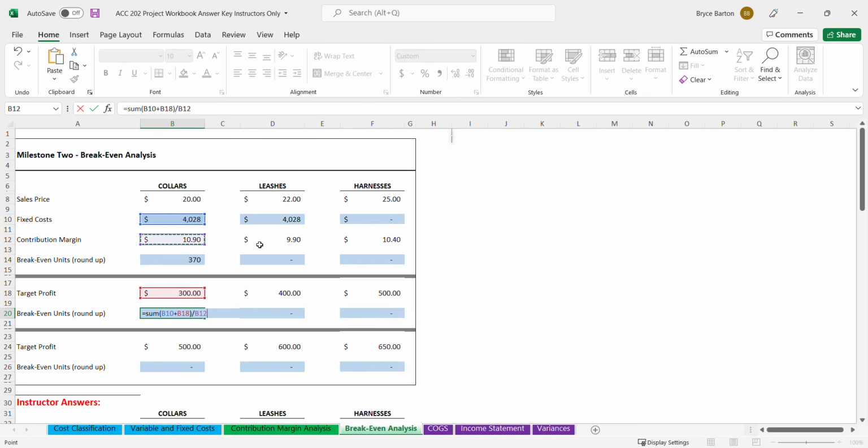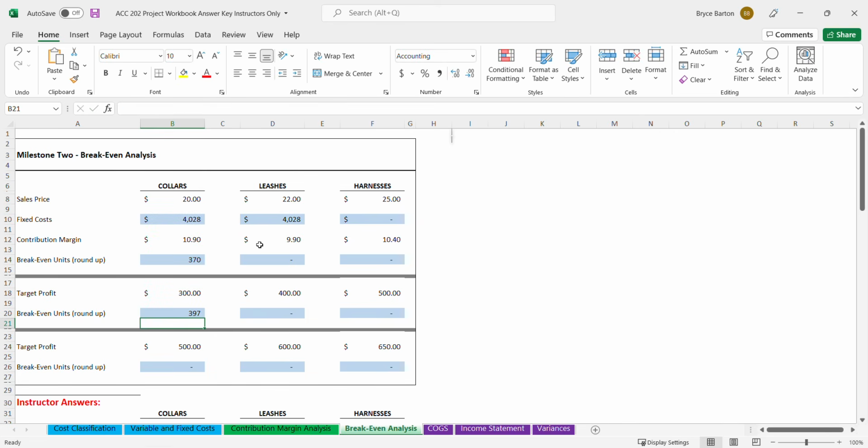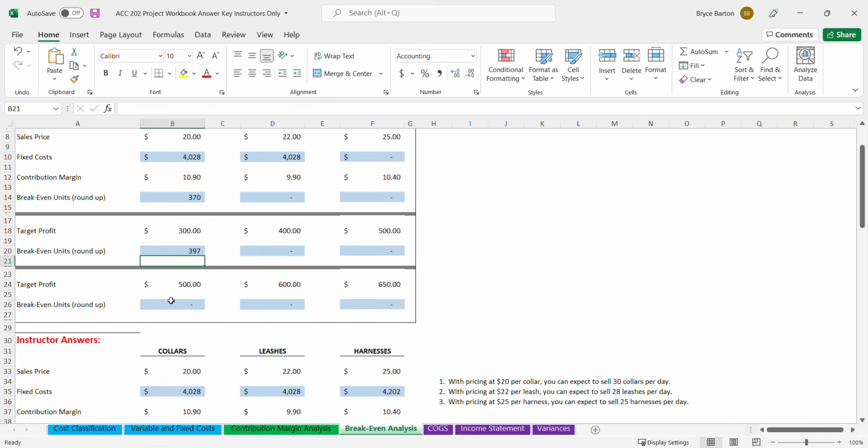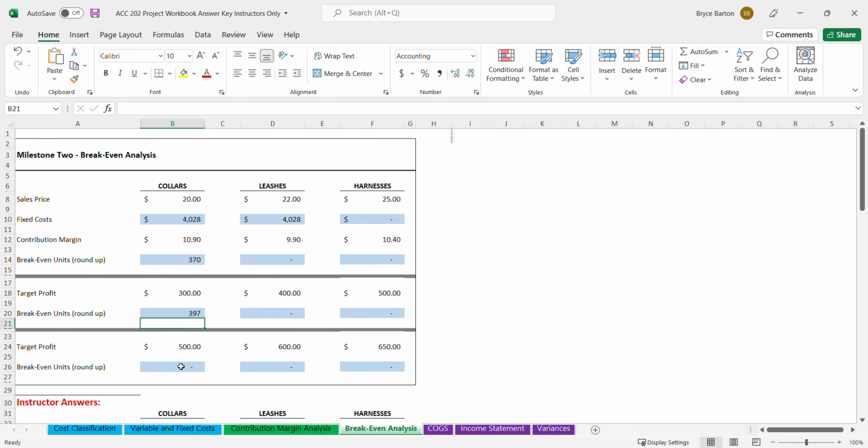Whenever we sell enough collars with that contribution margin of $10.90 to cover the fixed costs plus the target profit that we want, that's our break-even point. Hit enter, $3.97. And then it asks also for the break-even units for a target profit of $500.